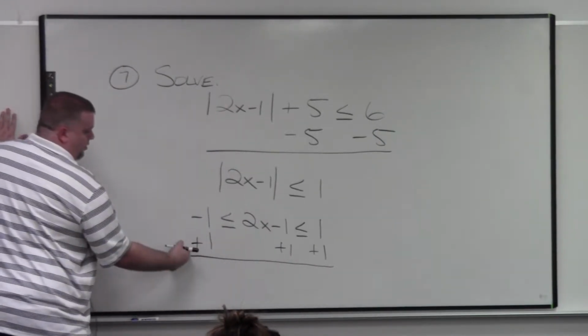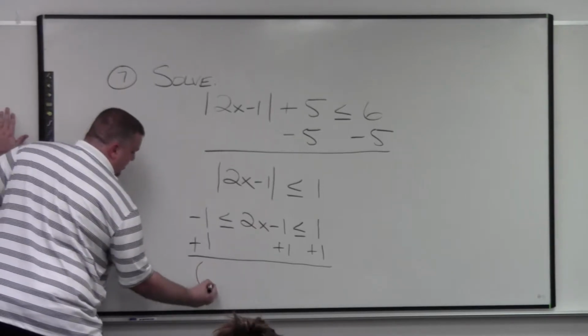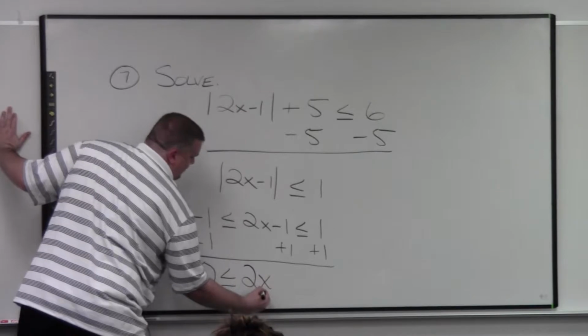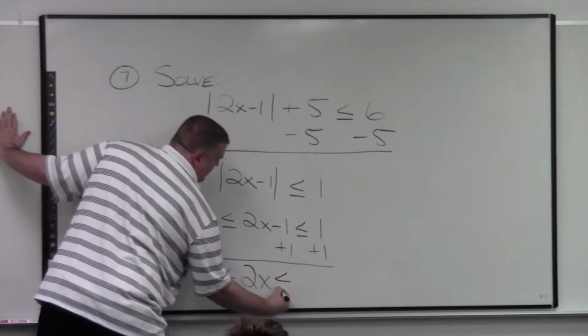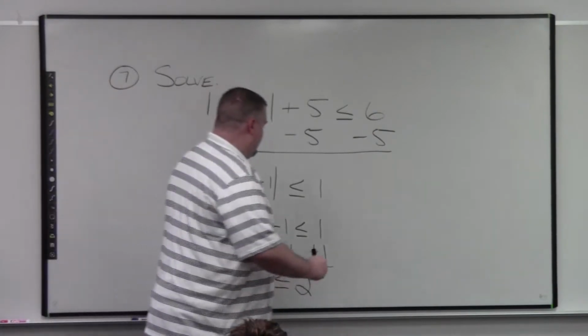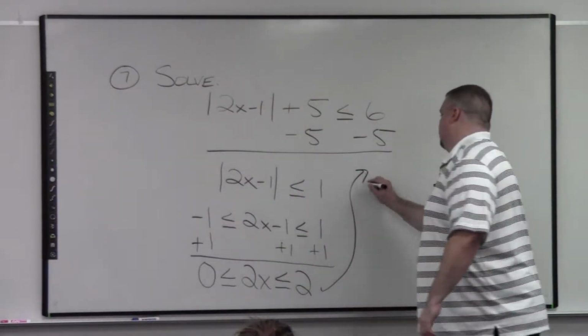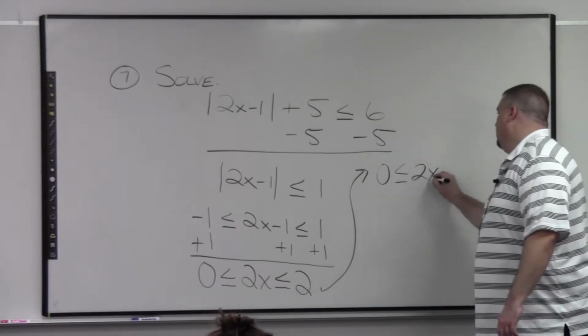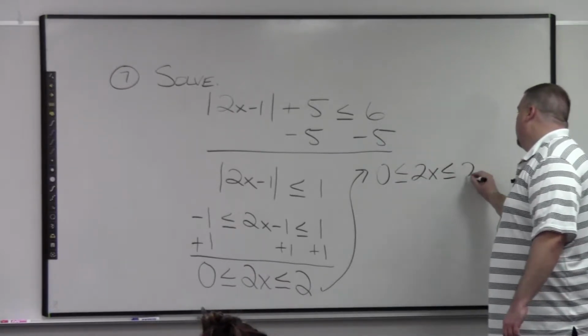So -1 plus 1? 0. We have to put that. We have 2x less than or equal to 1 plus 1 is 2. Okay, so let's bring that over here. We still need to get that x by itself.